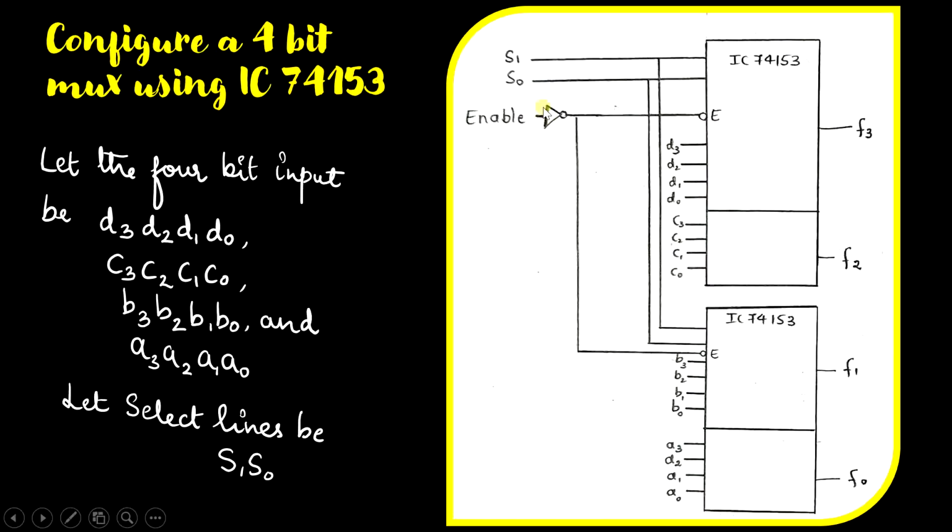That is why I am using a NOT gate here to make it logic 0. You can see a NOT gate is provided and that has been given to the enable input here and the enable input here. Now you may say that we were using two different enable inputs for the IC 74153; that is because you had two different muxes.